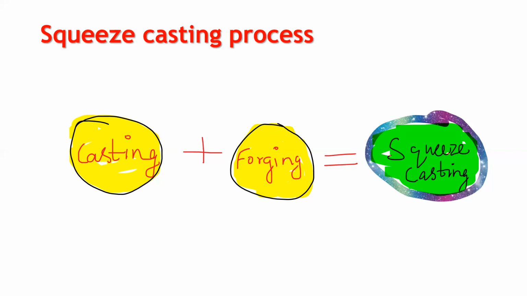The forging process has advantages like very good directional properties, and we get a high dense product with good mechanical properties. By combining the casting process and forging process, we get a product with good mechanical properties and also good grain refinement. This is the advantage of the squeeze casting process, and to obtain these advantages, we are moving to the squeeze casting process.